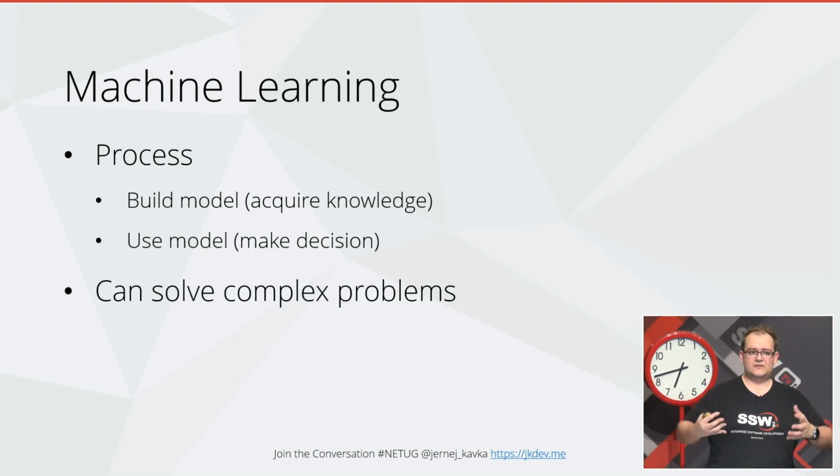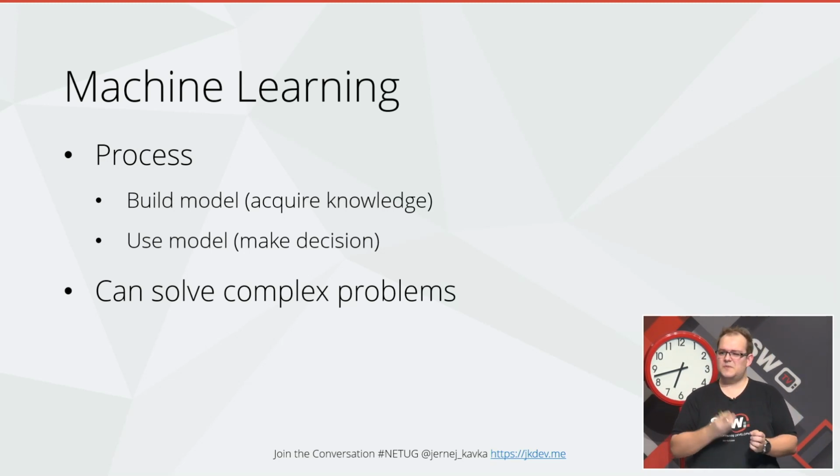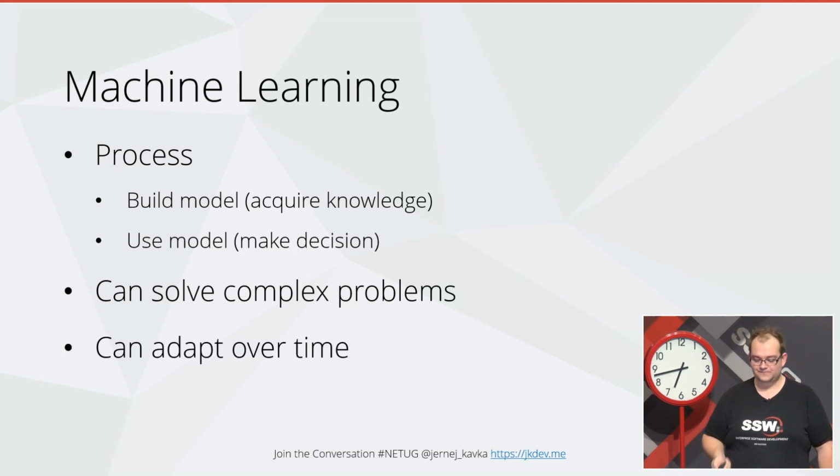That allows us to solve complicated problems, because you can use algorithms to solve all kinds of problems. But the problem with that is that some problems are just not practical to be solved imperatively or algorithmically. And this is where machine learning can help you out.